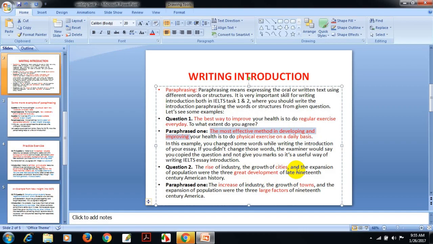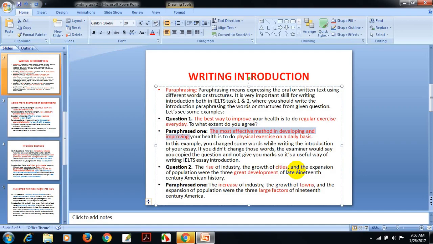Here it is "to improve" in the question, but that is changed into "improving". It is also one way, changing the form of the word. And you can put other related words like improving and developing, similar words. That's why that is added here.